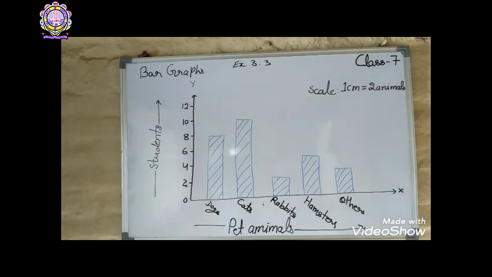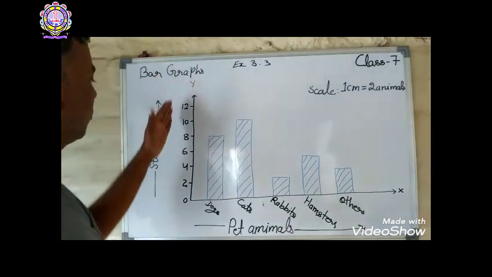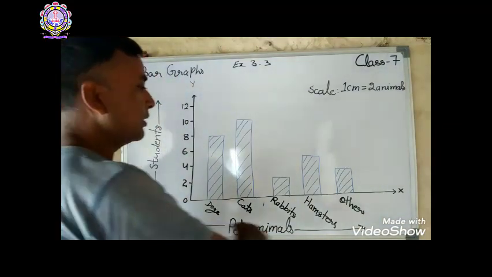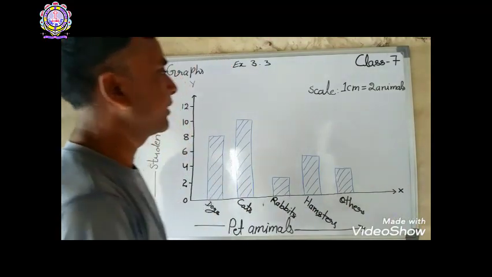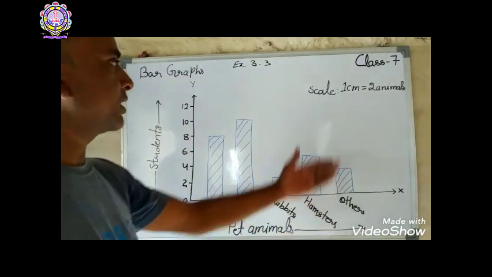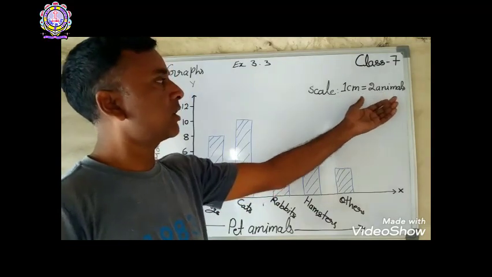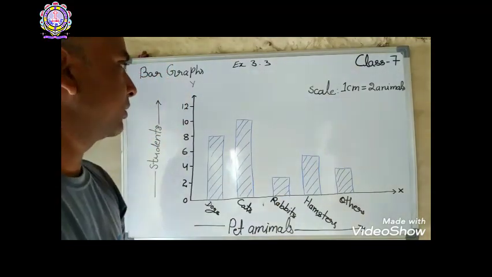I hope you are observing the given bar graph. There are two axes, one is the y-axis, another is the x-axis. Here I am choosing the scale 1 centimeter is equal to 2 animals.